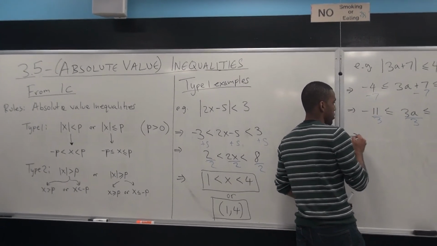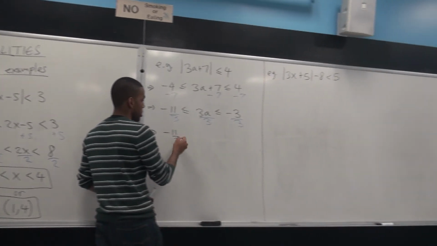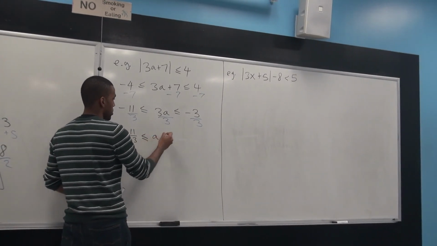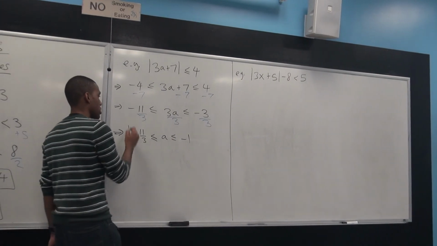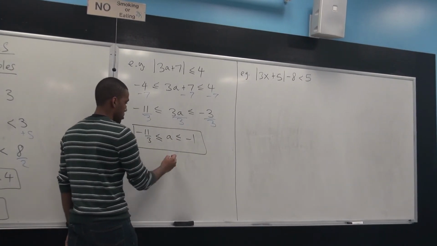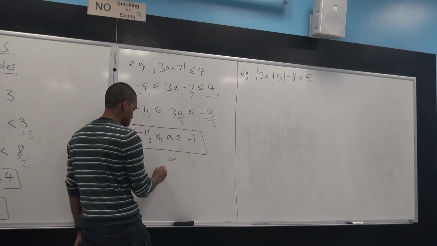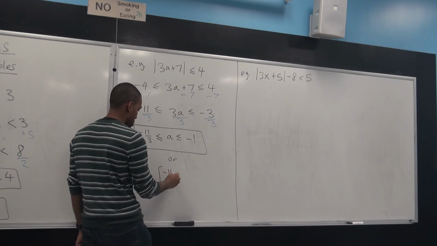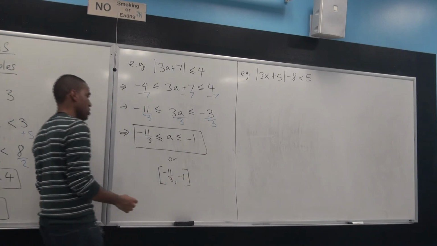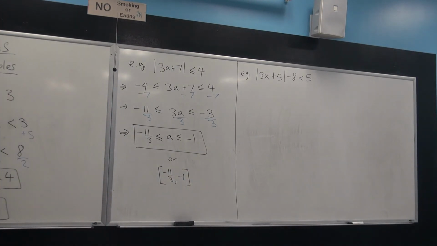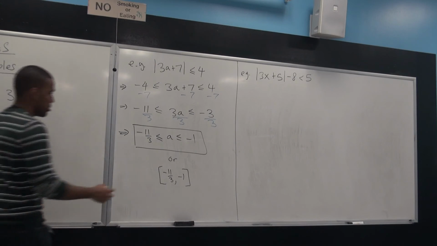And so that would give us minus 11 over 3 less than or equal to x less than or equal to minus 1. That would be the solution. Or in interval notation.